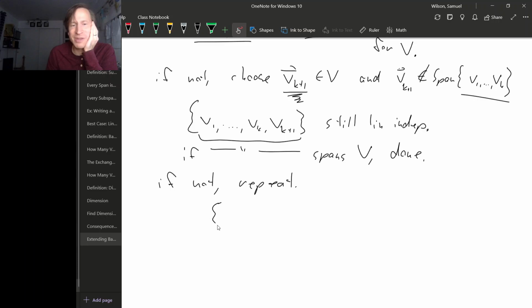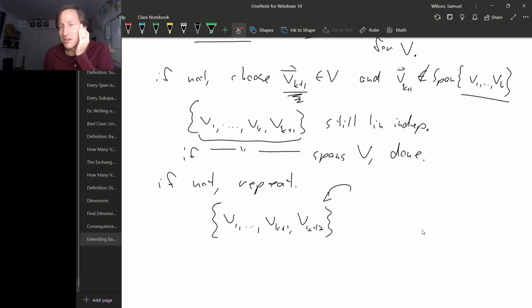So then we can tack on that new vector. So then we're going all the way up to v sub k plus 2. And then just keep doing this, right? If it spans, we're done. If it doesn't span, then that must mean there's some other vector that we can add into this. It's still linearly independent. And so now we have a bigger collection of vectors. So the only question is, does this process ever terminate?